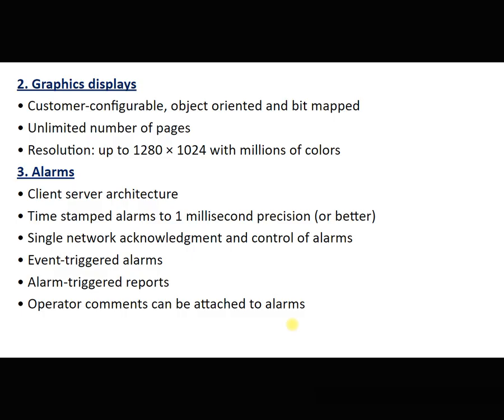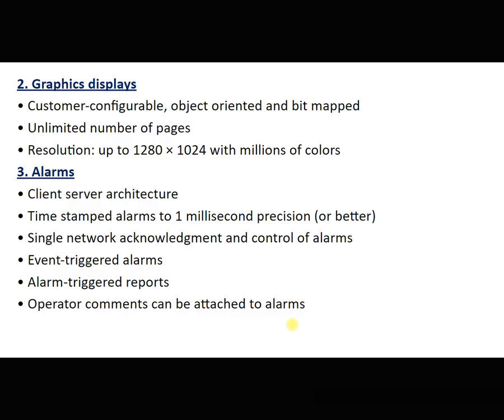My set value is 1000 liters, and the process value will be less than or equal to that. If it exceeds 1000 liters, then what will happen? It's not a healthy condition for the system, so I should get some notification. I should generate some event that triggers particular things. Something should happen if the process value exceeds the set value, so some events are going to generate. That is nothing but alarms.